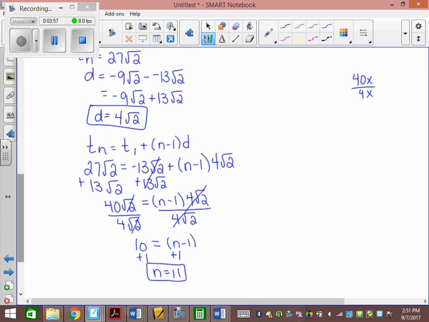Now we know n, we know T1, and we know Tn. So we can find the sum with the short formula, right?